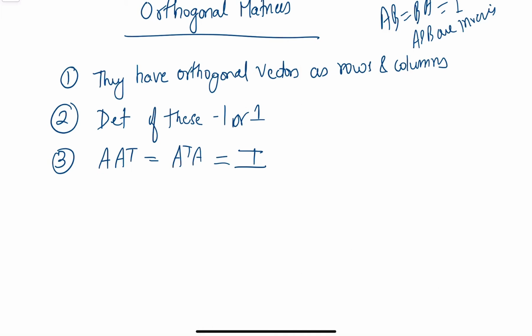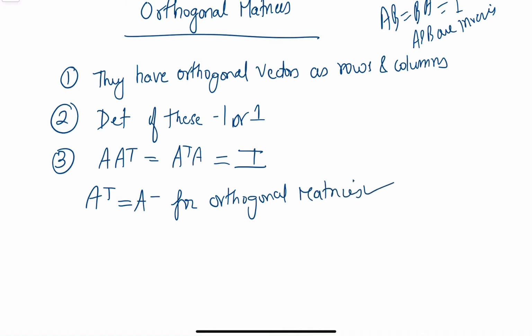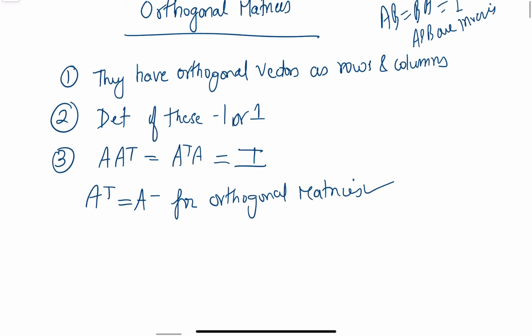This means that A transpose is equal to A inverse for orthogonal matrices. This is the most important property: the transpose and the inverse of an orthogonal matrix are the same. This is very, very important.